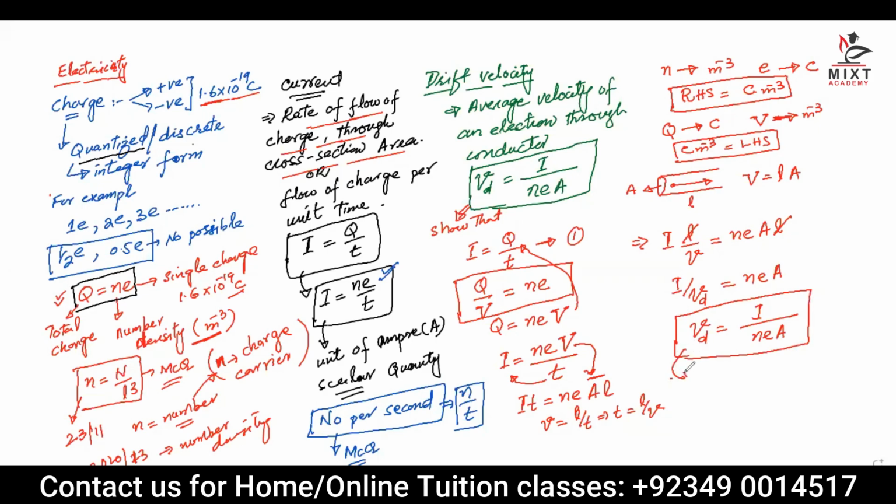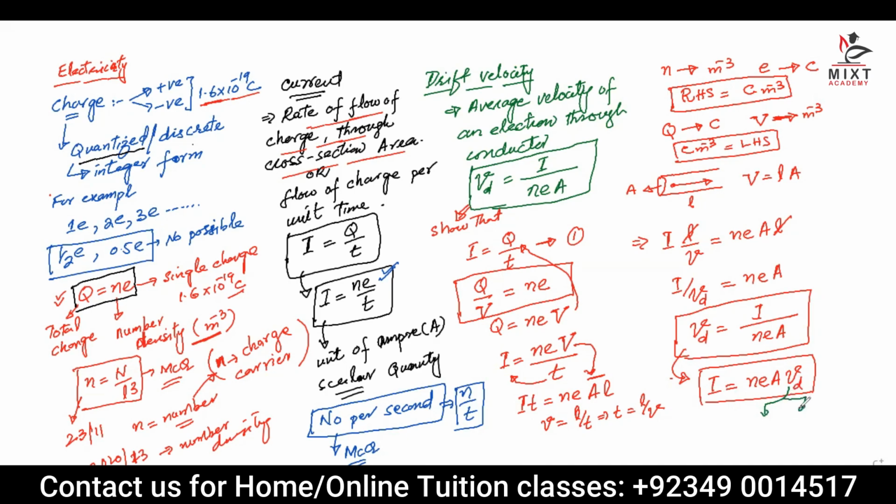This equation will be written in your formula sheet like that: I is equal to NEA V drift velocity. Whenever in the paper, in MCQs especially or in the subjective paper, they ask you to calculate the drift velocity, how are you going to verify your answer?